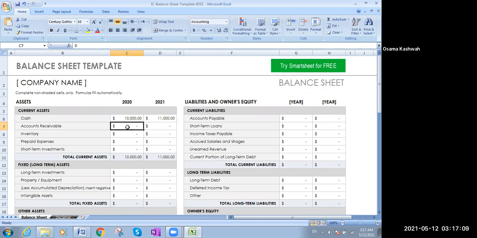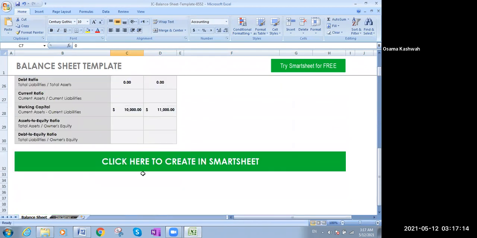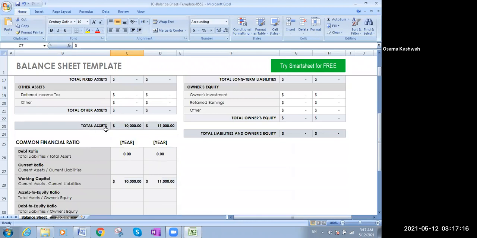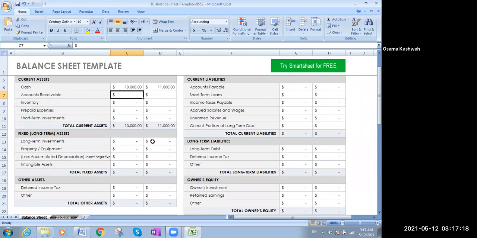So I will put the inputs, and the program will calculate for me the total assets and the total liabilities based on, like I said. So account receivable, we'll say that the account receivable here were 8,000, and here they were 8,800. Inventory, the inventory here was 10,000.